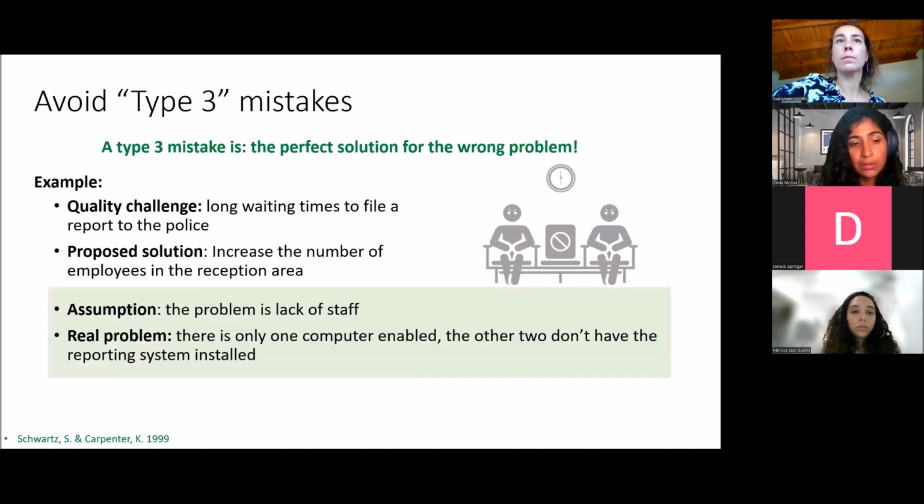Estamos realizando como una suposición directa de que el problema es falta de personal, pero podría ser en este ejemplo que hace falta una de las computadoras, porque aunque hay 3, una no tiene instalado el sistema. Es un ejemplo rápido para tratar de ver qué otras cosas podrían influir, ¿verdad?, en la respuesta a nuestro problema.